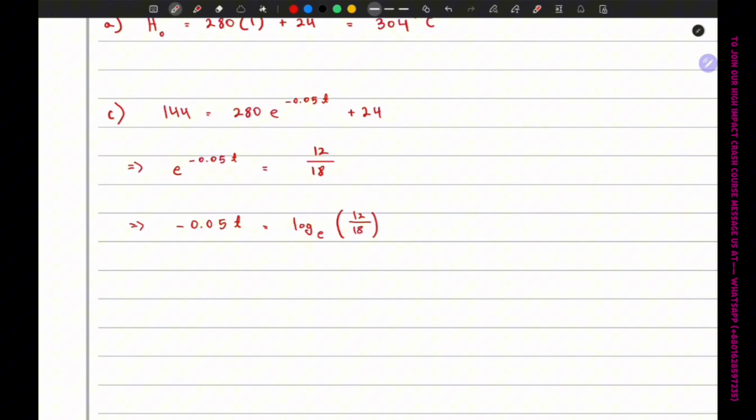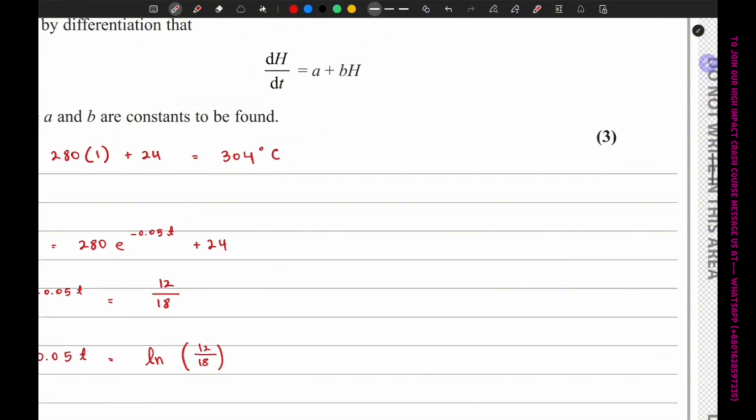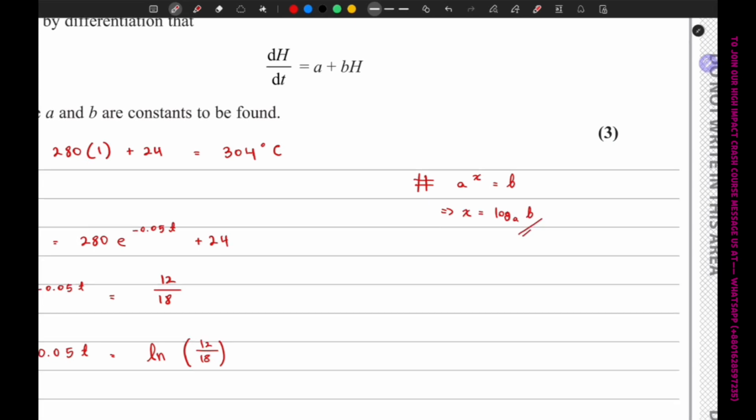And we know that log base e can also be called ln. So there's a formula, let's say we have a to the power x equals b. If you want to bring this base a to the right hand side of the equation, this will become log a b. So this is a formula you can memorize.